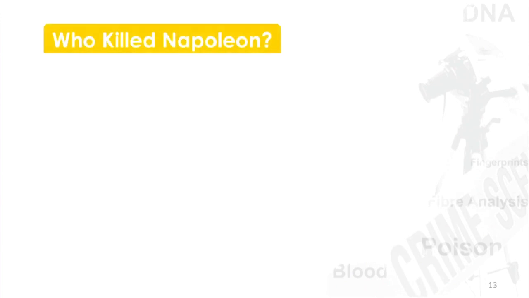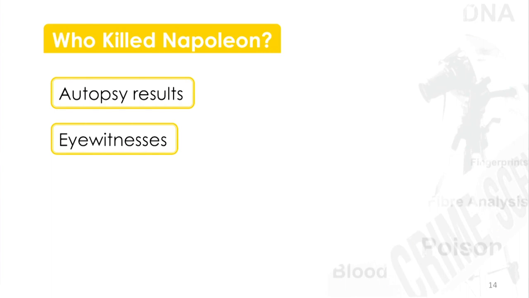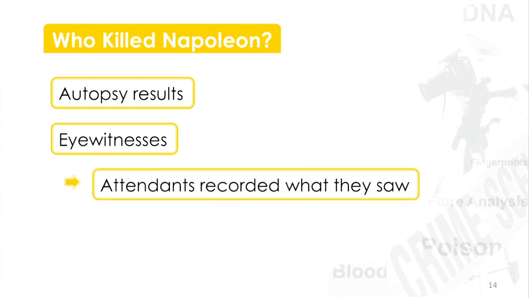So who killed Napoleon? Well, we have further evidence. We have the autopsy results, and the autopsy tells us that he died from stomach cancer. We also have eyewitnesses, because he was attended by his courtiers and his doctors, some of whom wrote books and recorded what they saw.